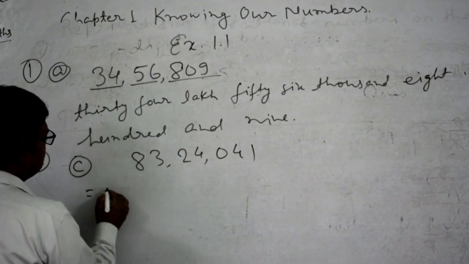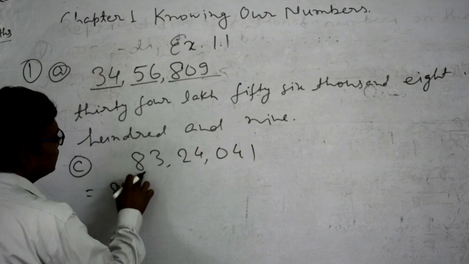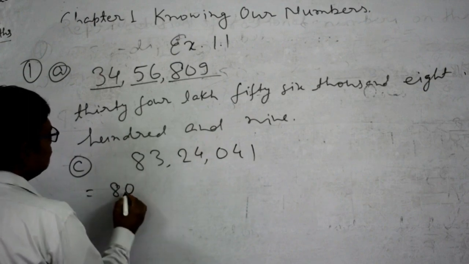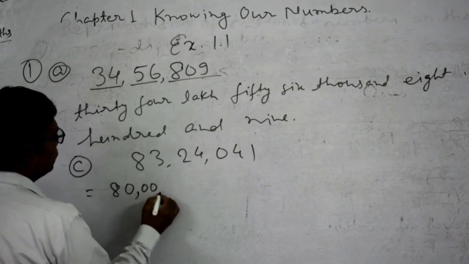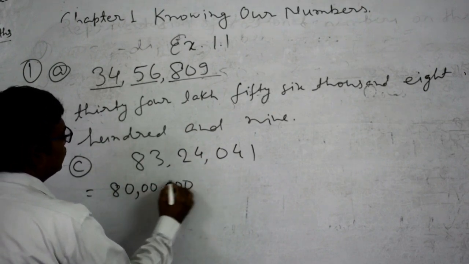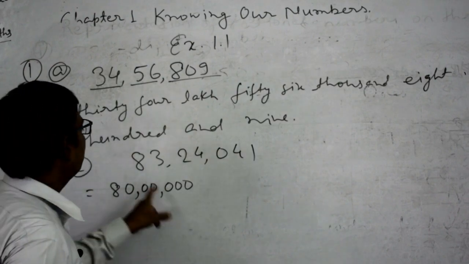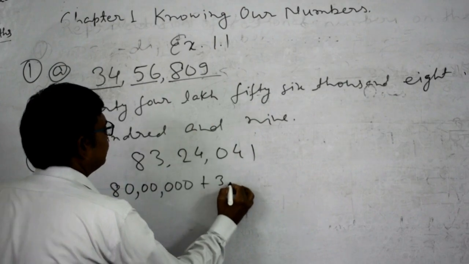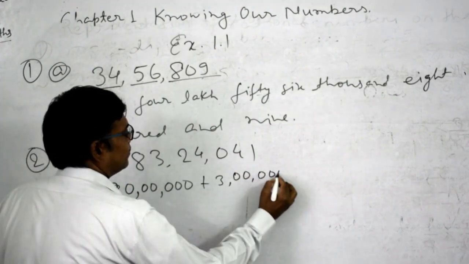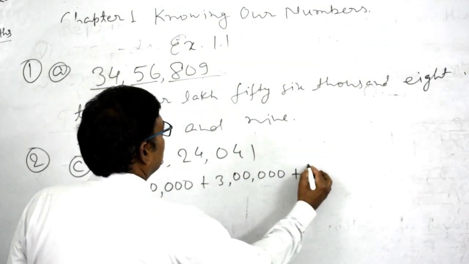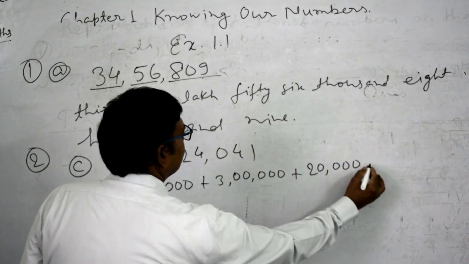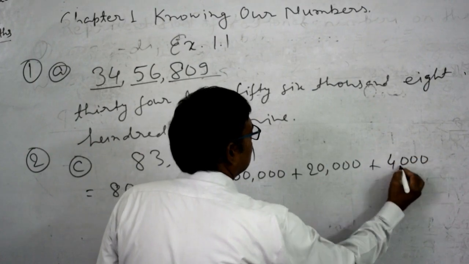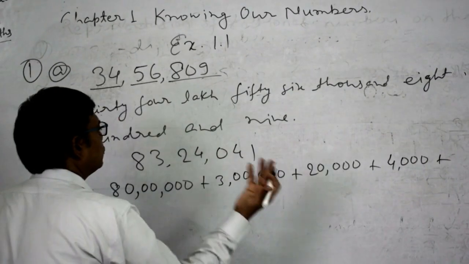So how will you write it? Take this 8, and what is its place value? It is the 10 lakhs place, so it will be 10 lakh, that is, you put 0, 0 0, then 0 0 0. Then you have 3 lakh, plus 20,000, plus 4,000, plus this is 0, so don't write.